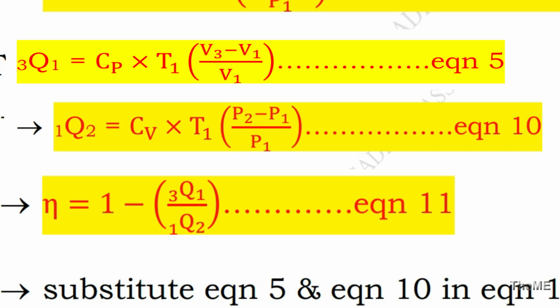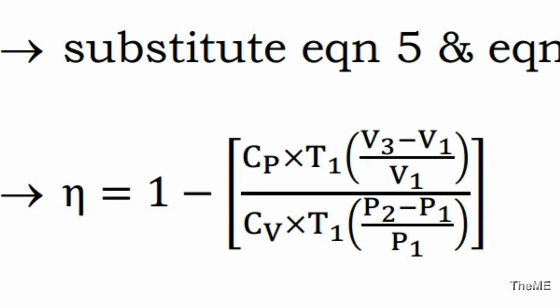addition. By substituting these two values in equation 11, we get eta is equal to 1 minus Cp into T1 into V3 minus V1 divided by V1 whole divided by Cv into T1 into P2 minus P1 divided by P1. So here T1 and T1 get cancelled.